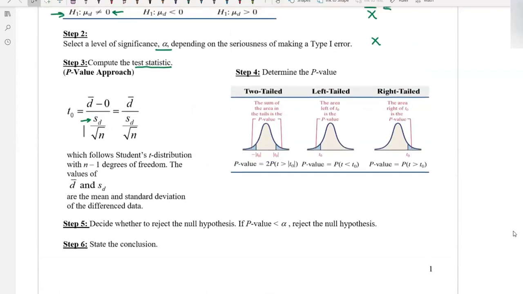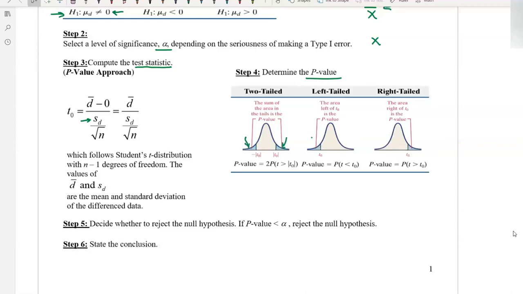Okay, and then step 4, after finding the t here, we have to find p-value. So this is same as whatever we did before. For two tail, we have to multiply by 2, but for left tail, we're not multiplying by 2, and same thing for right tail. So for two tail, the answer is sum of these two tails.